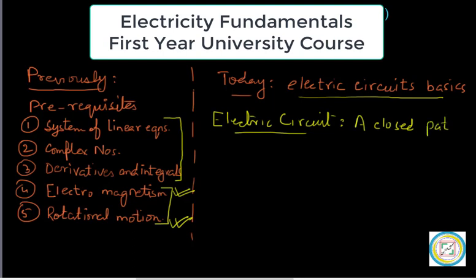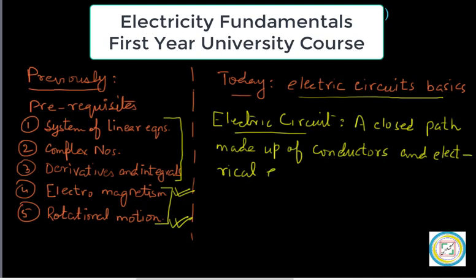It's a closed path made up of conducting material, so I'm just going to write conductors, like different kinds of wires, and electrical elements. You know, the kind of elements like resistors, capacitors, and inductors. So this is the definition of an electric circuit.